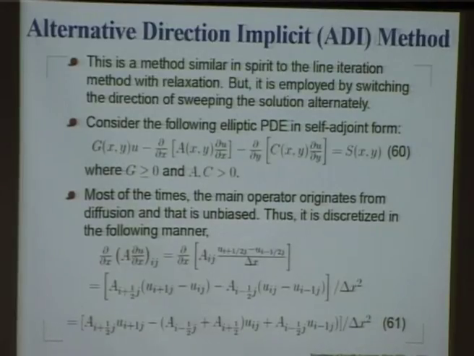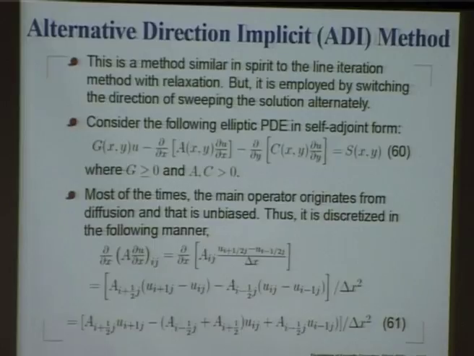That is the reason you get complex conjugates as characteristics, right. And representing this Laplacian or biharmonic operator, you like to do what I have noted down here as a self adjoint form.